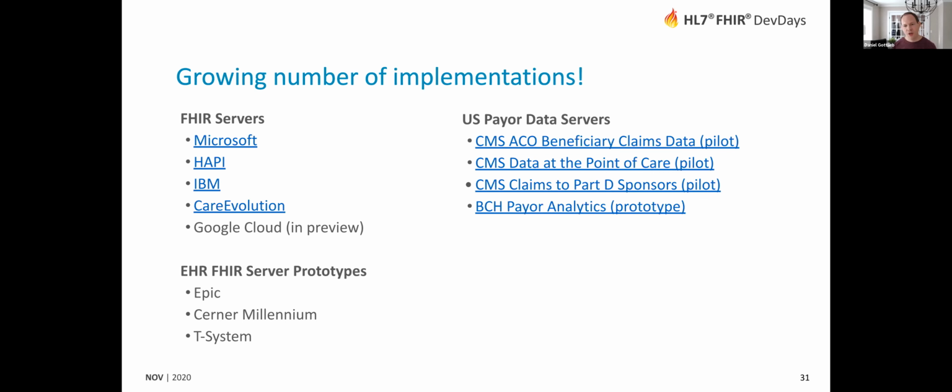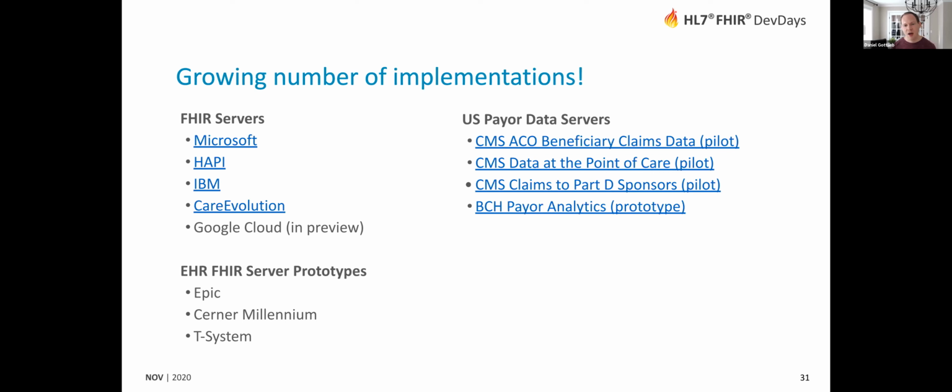And CMS recently launched a pilot for drug plans to be able to get clinical claims so that they can help guide a patient's medication usage based on their clinical diagnoses. So it's a really interesting pilot. And some of these are moving, some of these are new, and some of these are moving, including the ACO one, from a proprietary format into FHIR and the bulk data format to make it easier for organizations to consume the data.